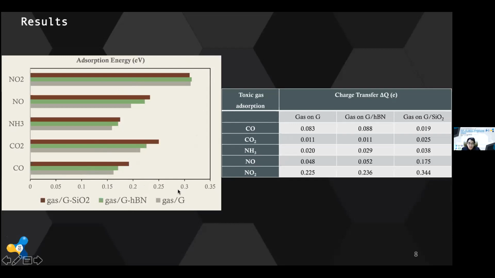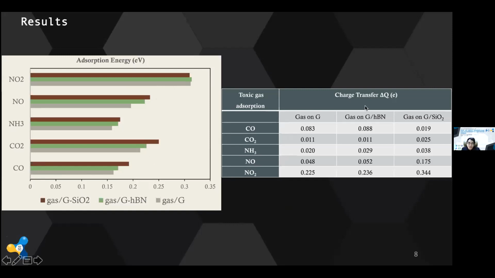And for selectivity, nitrogen dioxide tends to absorb better than the others for all cases of substrate, on silicon dioxide or hexagonal boron nitride, even though it isn't clear and needs further study how the substrate improves selectivity.